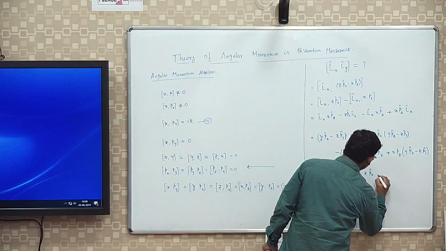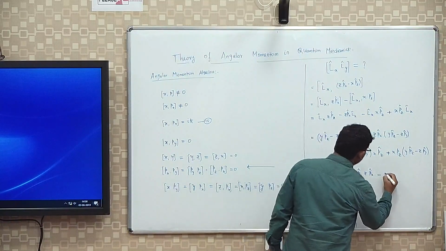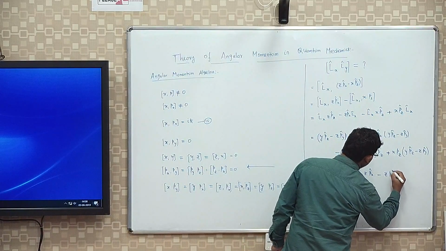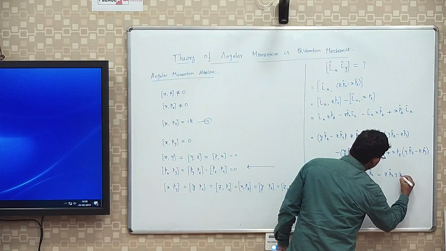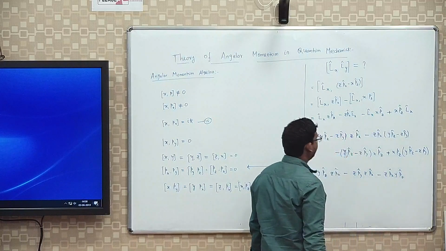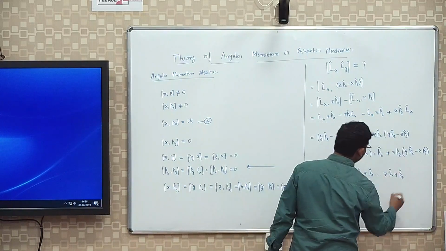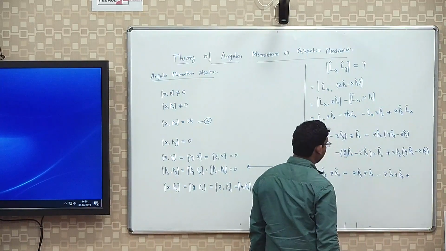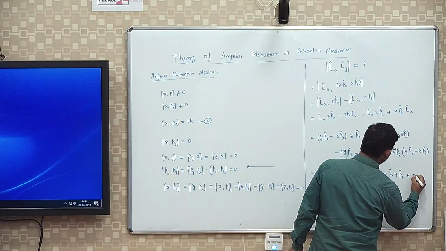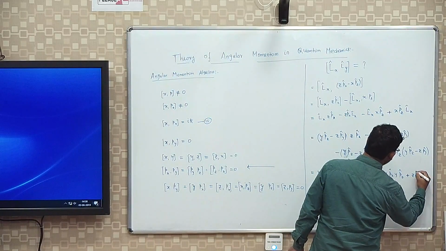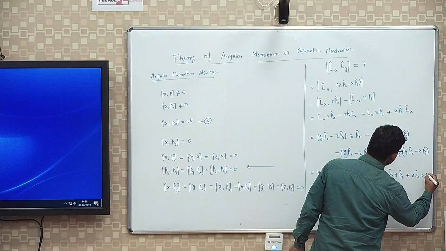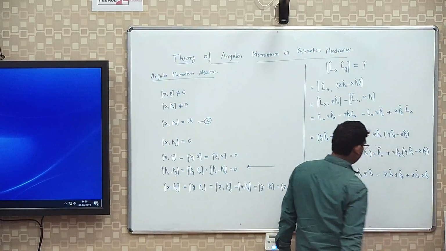Again make it minus sign here, z px operator y pz operator. So negative sign, if you put it, then it will be positive sign. Z px operator z py operator.